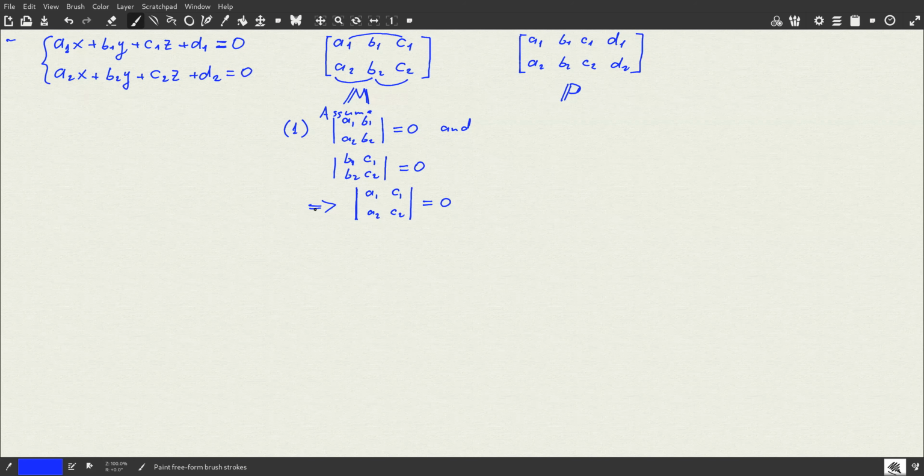So we can say, informally, writing as row vectors, A1, B1, C1 is proportional, therefore, with some coefficient k, to A2, B2, C2. Or indeed, any of them is 0.